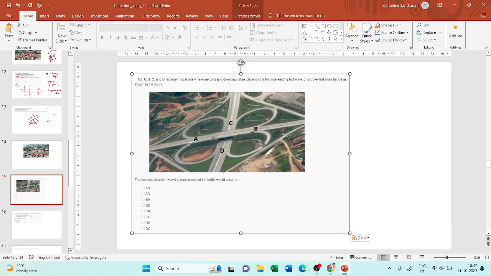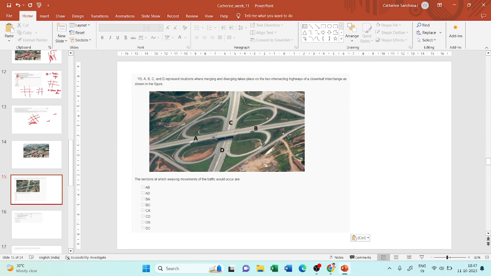This diagonal road is also a ramp. It is just for left turning movement. It connects this road to this road, and they are at two different levels. So this is a ramp.